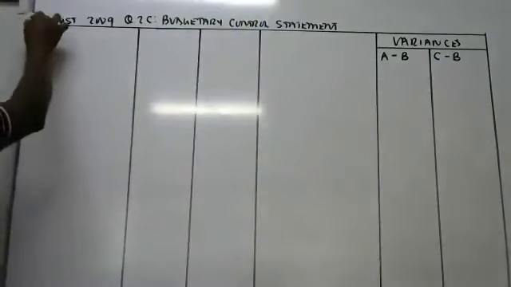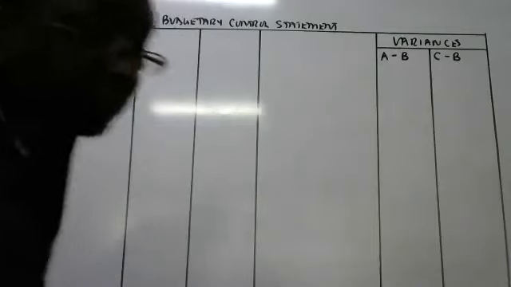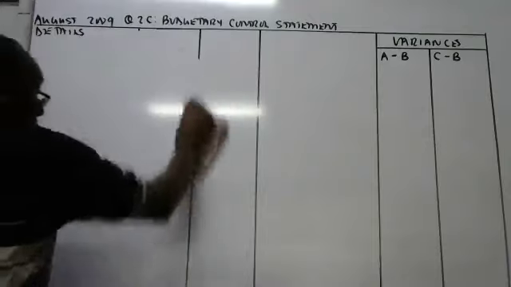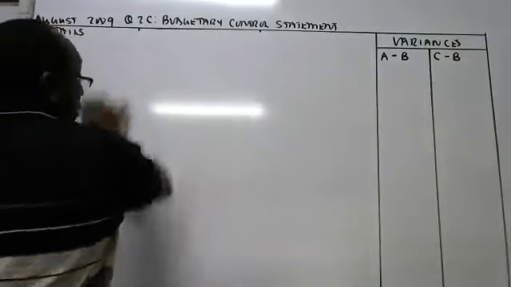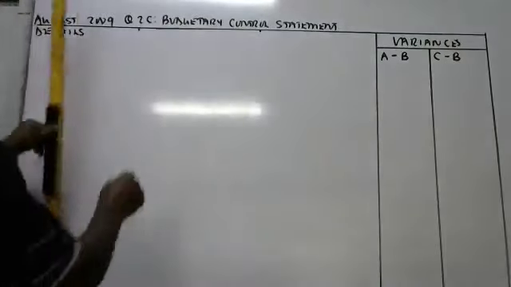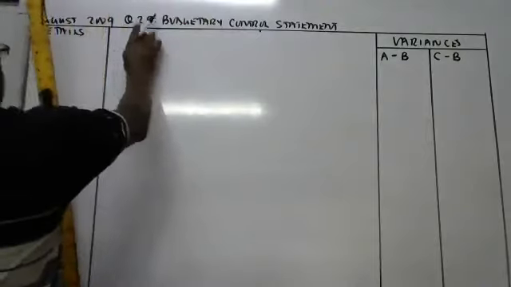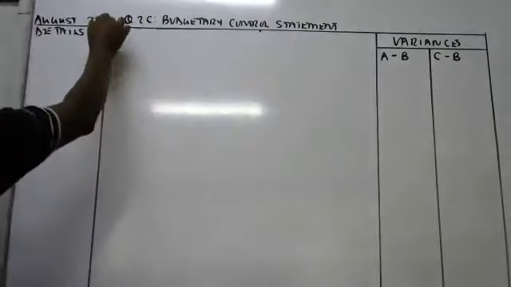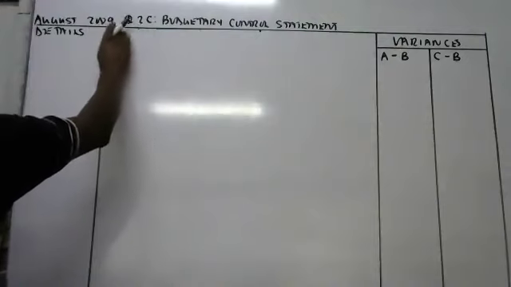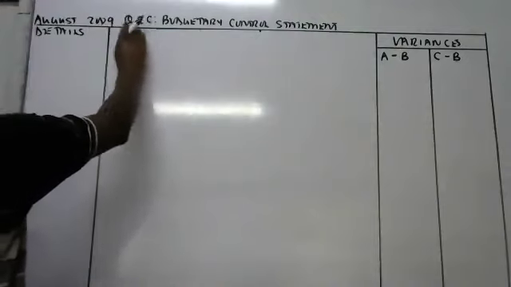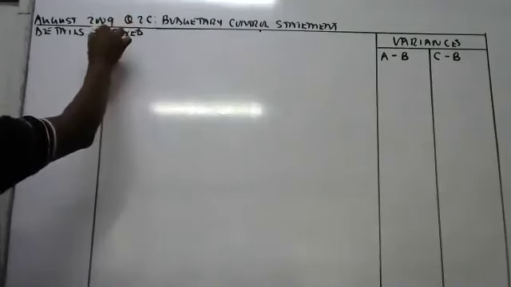So this one is details. So here I have the budget. This budget is what we call fixed budget.